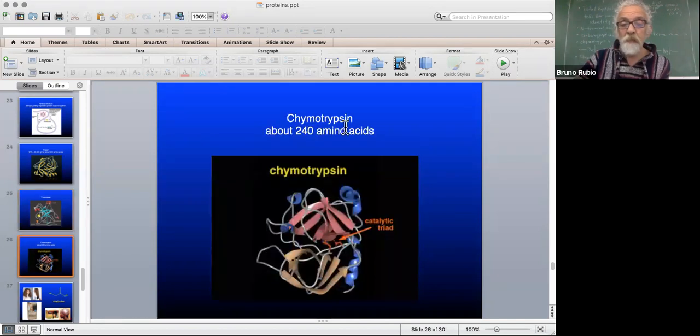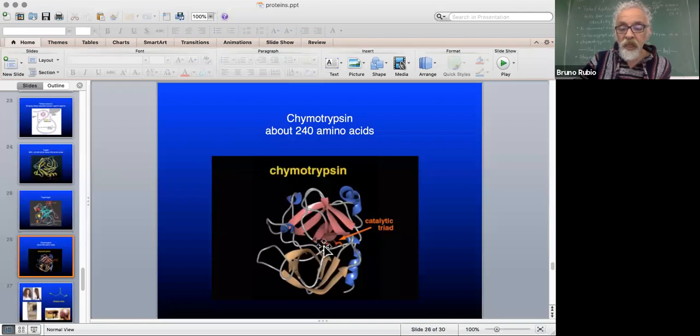Okay, here's a picture of chymotrypsin, another ribbon diagram of this enzyme. It's about 240 amino acids. And once again, there are helical regions and there are regions of beta pleating. And this says catalytic triad. This is where all the action is in the chymotrypsin.